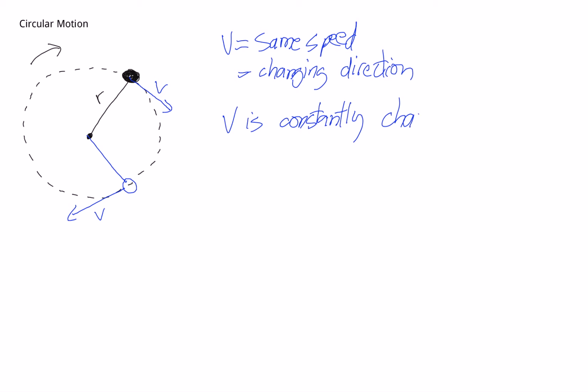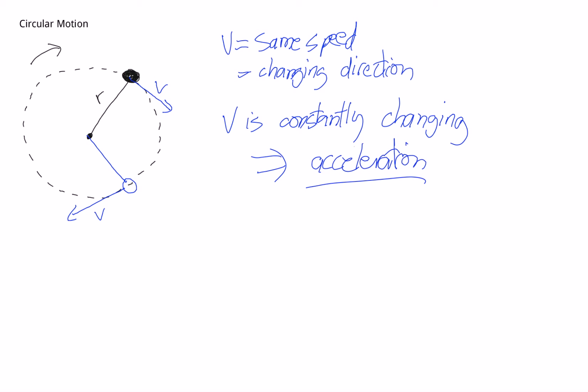And if we have changing velocity, that means it is accelerating. So that's the key idea. If our velocity is changing as it's going around and around because our direction's changing, then we have acceleration.